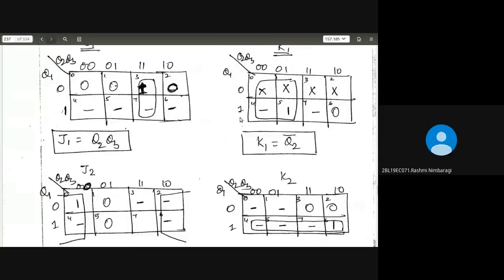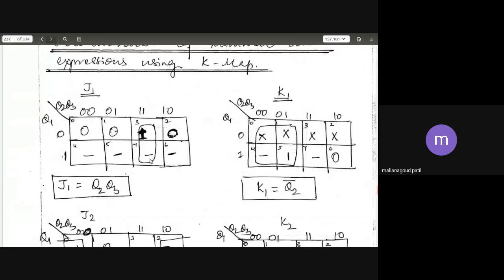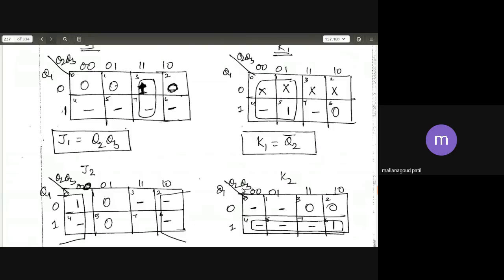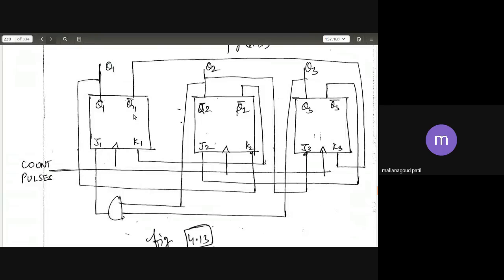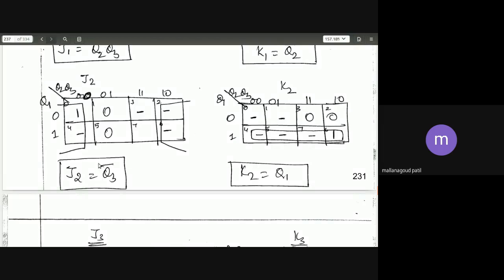And check it here. What is my J2? Sorry, K1. K1 is Q2 bar. Then what is J2? You can see here. J2 is Q3 bar.